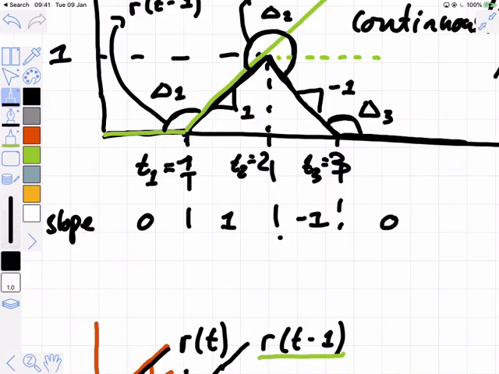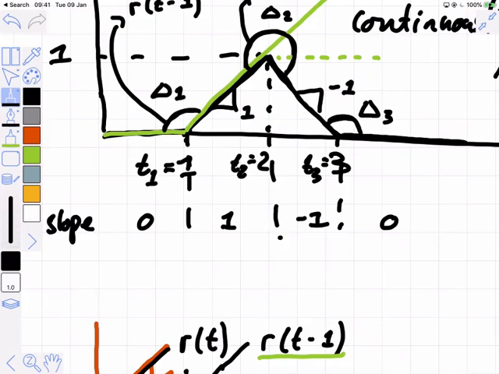So that's the slope table, okay, in each of these regions. So there's a 0 slope in the first region, there's a 1 slope in the second region, there's a minus 1 slope in the third region, and there's a 0 slope in the last region. Is everybody following me? Cool.